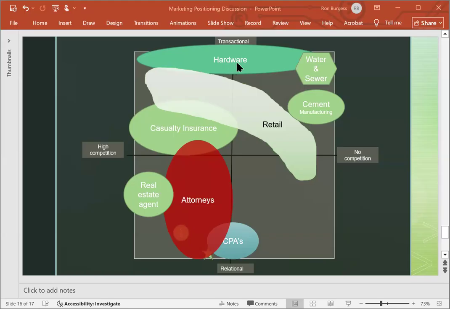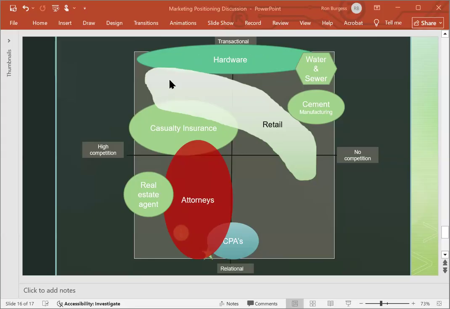But for the most part, you could have a relationship occasionally, like I say hi to the salespeople down at my local Ace Hardware store. But I don't have any relationship with the Home Depot people. I'm there just to do the buying. And you're going to have both high and low competition based on what it is that they're actually selling. So that's a pretty wide one.